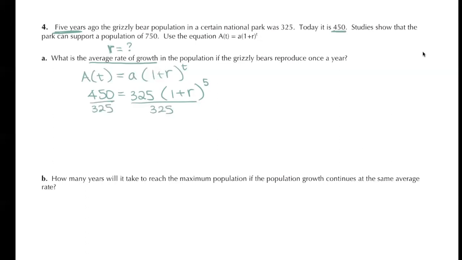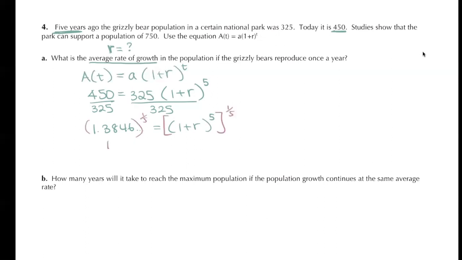Okay. And that gets me 1.3846 ... is equal to 1 plus R to the 5th power. All right, and then to solve for R, I'm going to take both sides to the power of 1/5.